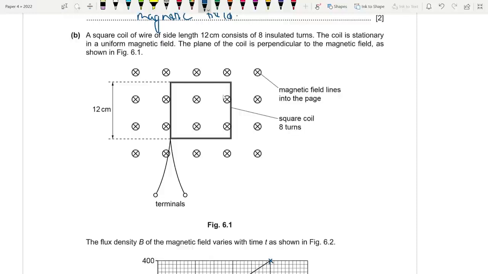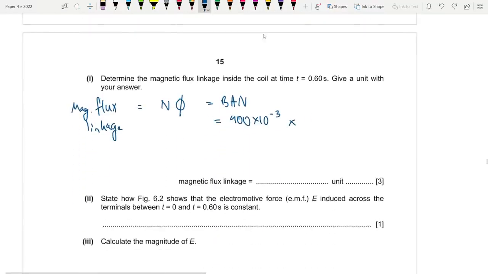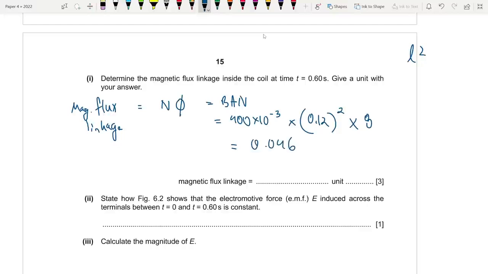It's basically a square, right? So 0.12 times 0.12. 12 cm in meters is 0.12. The area of a square is length squared, right? So 0.12 squared times the number of turns, which is 8. So 400 times 10 to the power minus 3 times 0.12 times 0.12 times 8 gives 0.046. So the unit of flux linkage is, actually think about it, Webers. The unit is Webers.